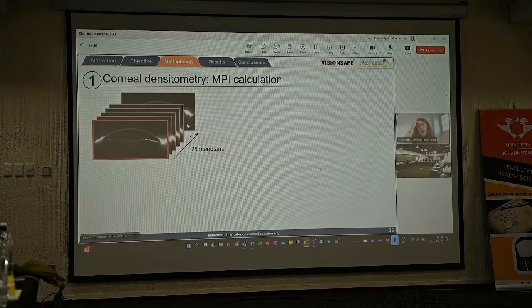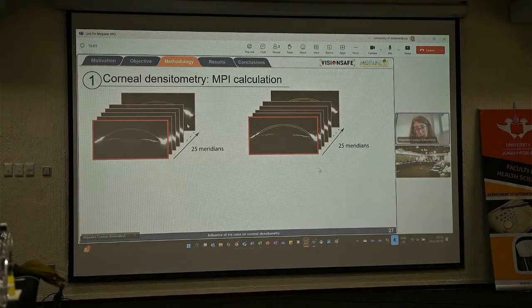Okay, so how do we assess corneal densitometry? Because the Pentacam gives certain numbers, it gives gain in the software, but it's something that you need to pay extra for. It's not in all possible Pentacams, so we developed our own code to have control over what we are doing. So we have those 25 meridians.